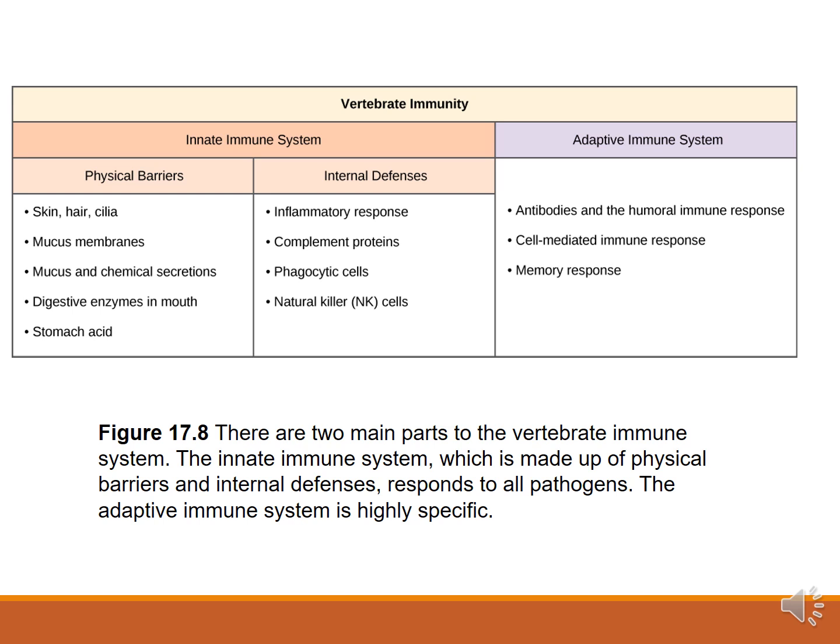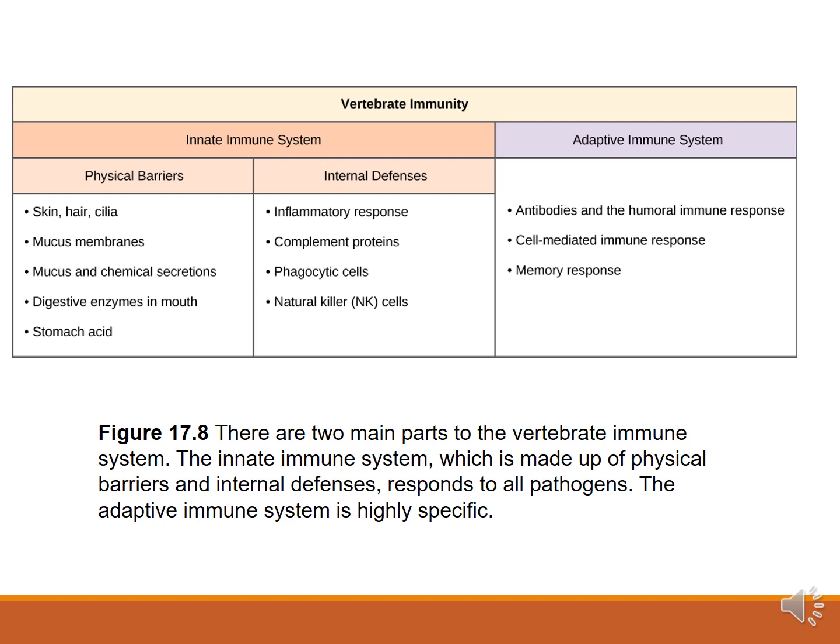This slide is kind of summarizing parts of the innate and adaptive immune system. We will go through not all of these, but some of these. You can see physical barriers such as your skin, your hair, your cilia, mucous membranes, mucus and chemical secretions.